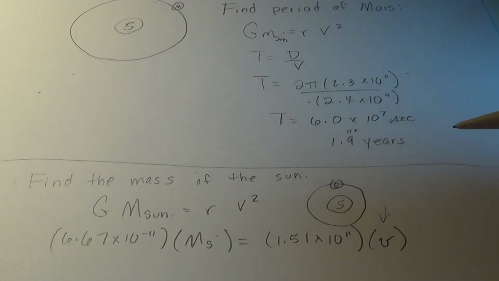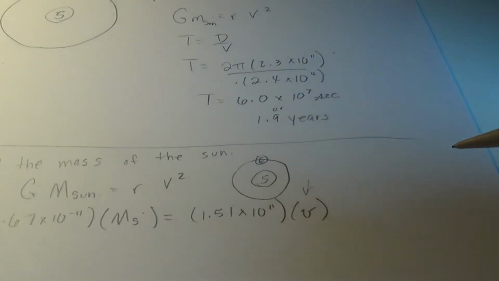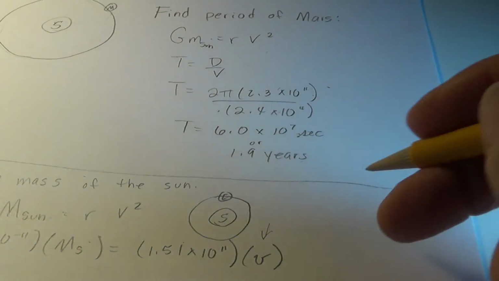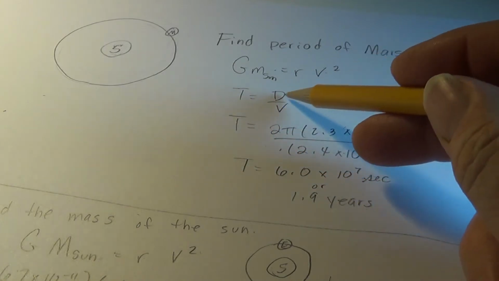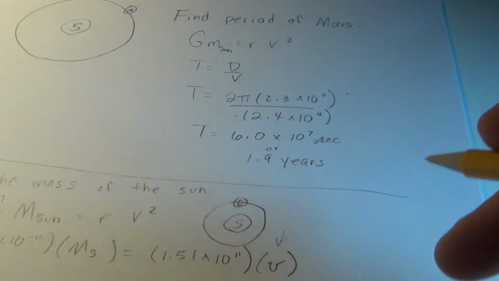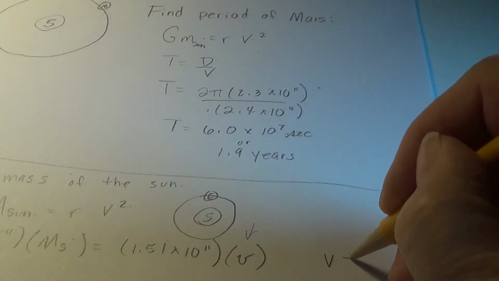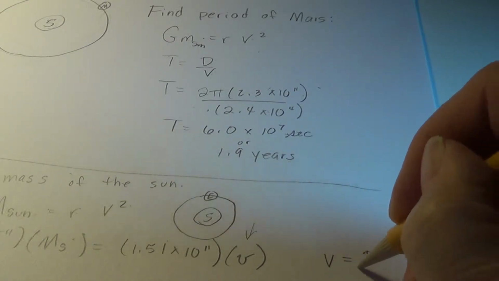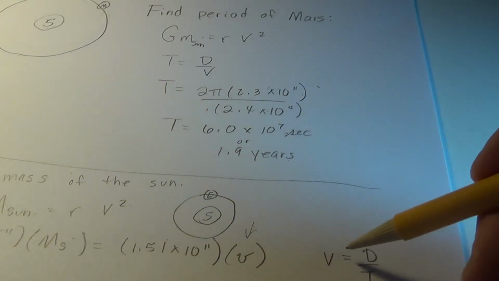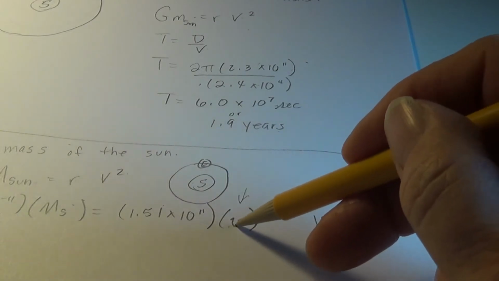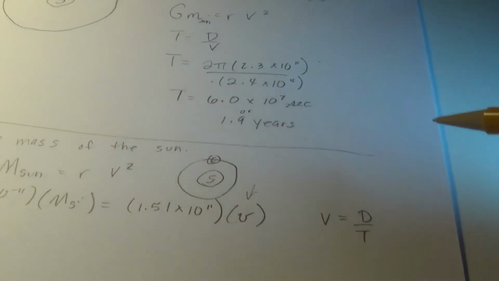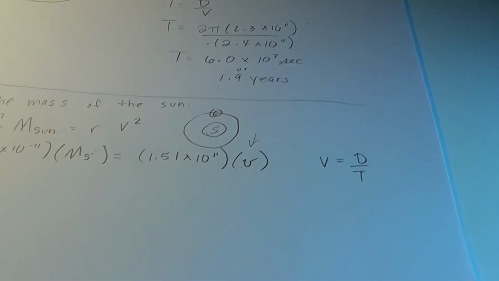Well, I know that time is distance over velocity, so I can rearrange that and say velocity is distance divided by time. Maybe I can get it out of this and then go back here and finish finding the mass of the sun. Sound like a plan?